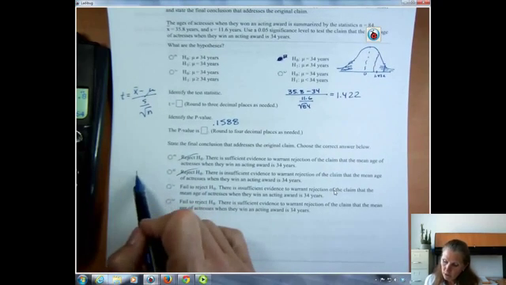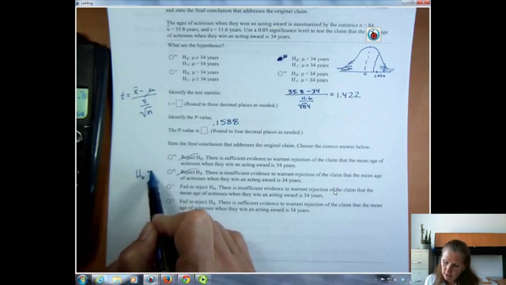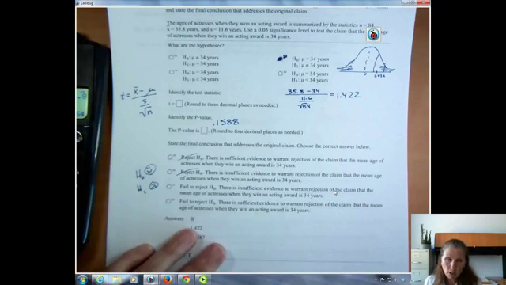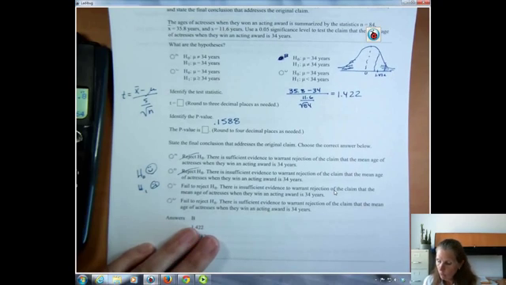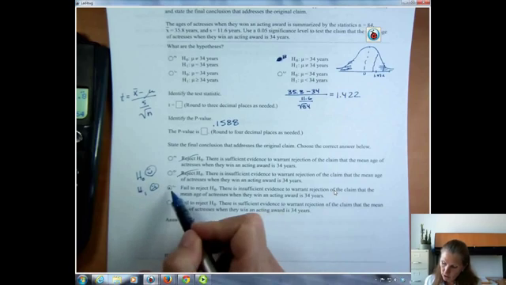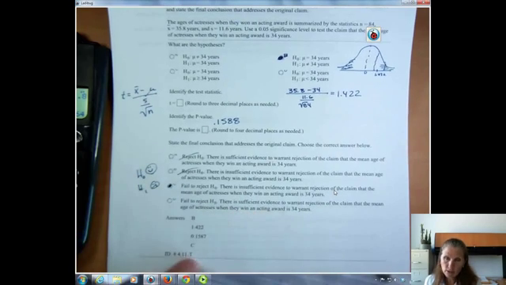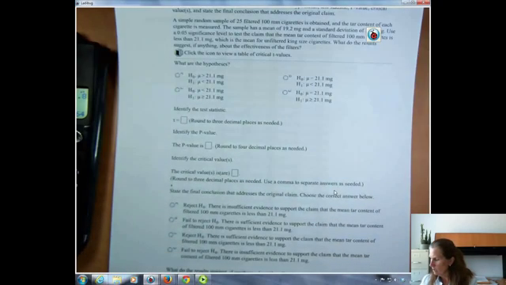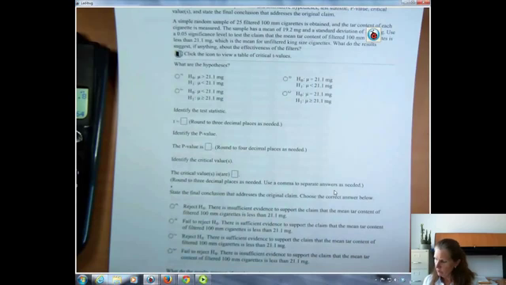And if we fail to reject, then we're happy with that one. And that means we're going to be sad with the other one, which means there is insufficient evidence to support that. That's an easy way, to my head, to think about that. That was 8.4.11.